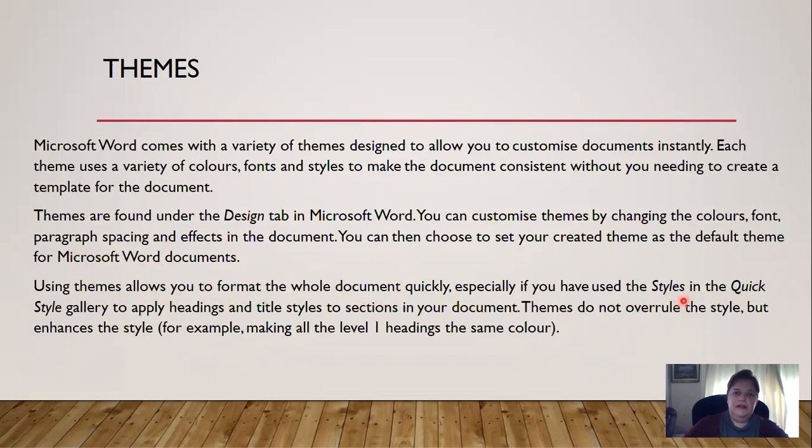Remember, heading 1, heading 2, your styles, in the quick style gallery to apply headings and title styles to sections in your document. Themes do not overrule the style, but enhance the style. For example, making all level 1 headings the same color. Okay.